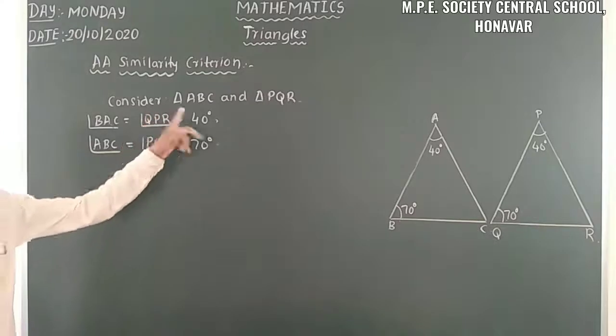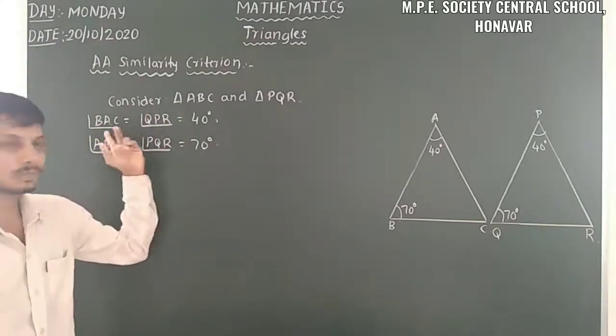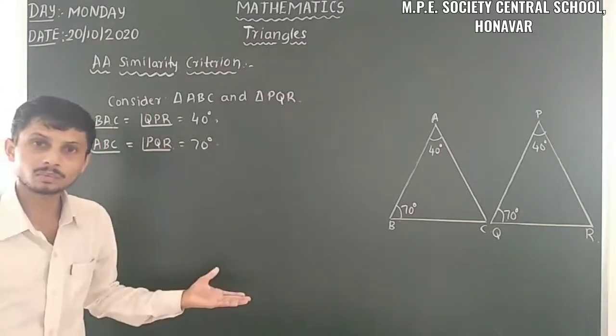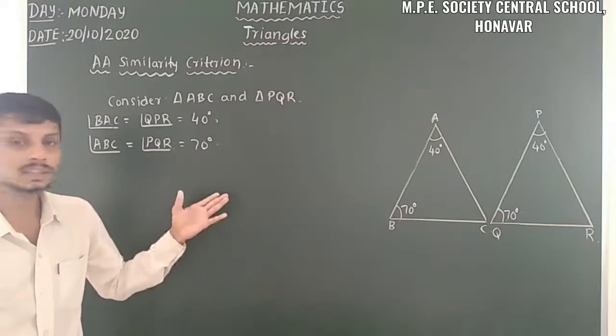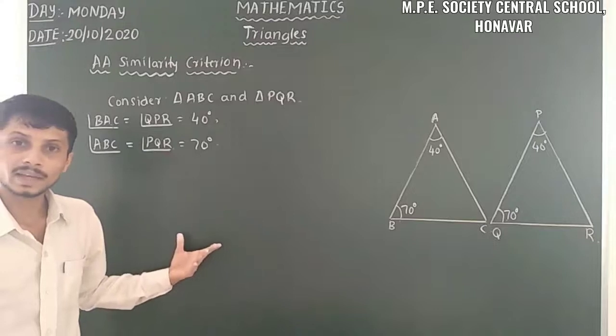So consider only triangle ABC. But here we have to consider only triangle ABC and take the angle sum property.